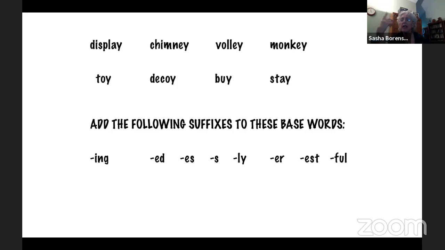Although these terms are not completely accurate, I think of it as a single vowel as opposed to a digraph or a diphthong, okay? So when the Y is acting as a single vowel by itself, then it changes. But when it's part of a digraph or a diphthong, it doesn't change. Does that make sense now? Okay.